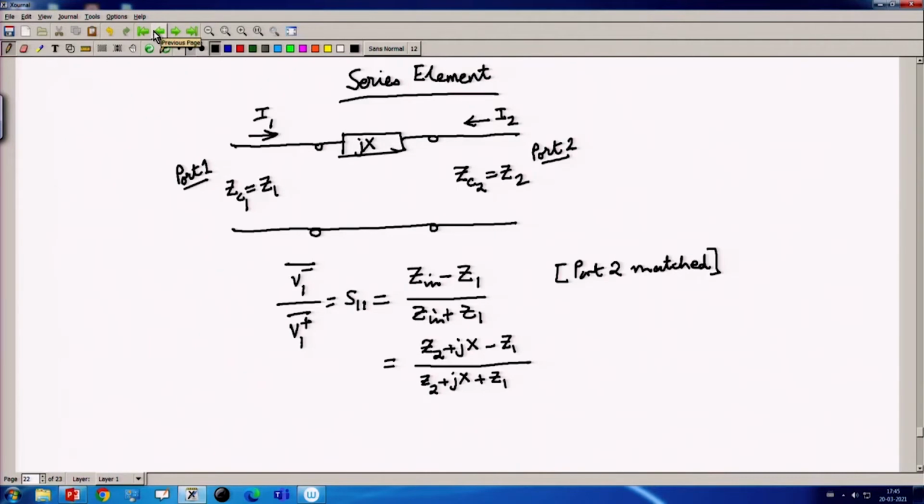If I look at this side, that will be Z1 plus jX, from port 2 looking towards the left.